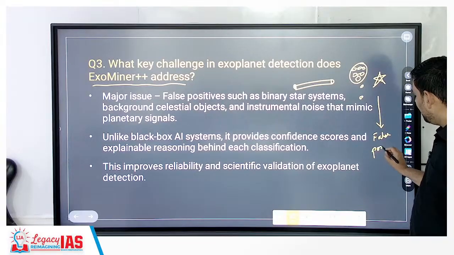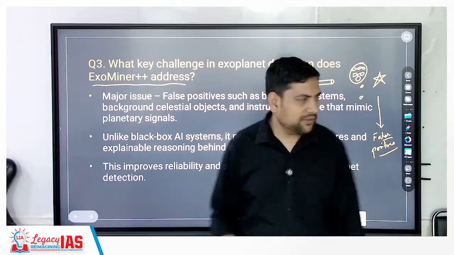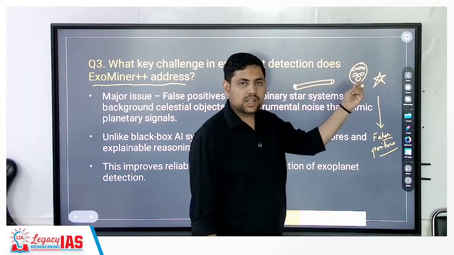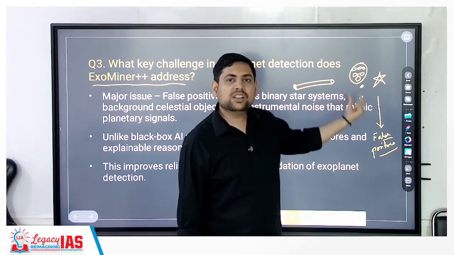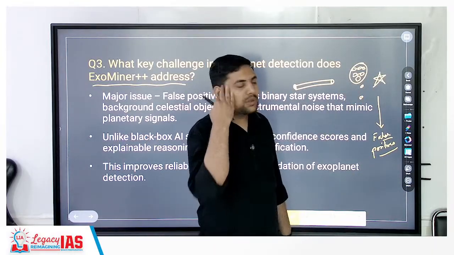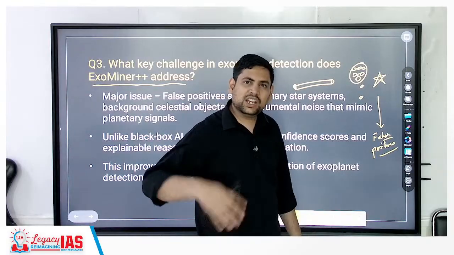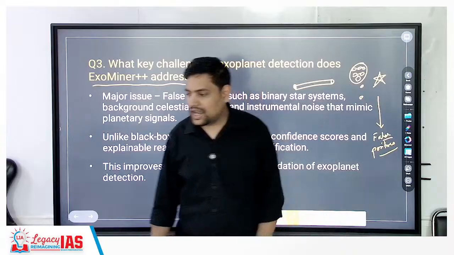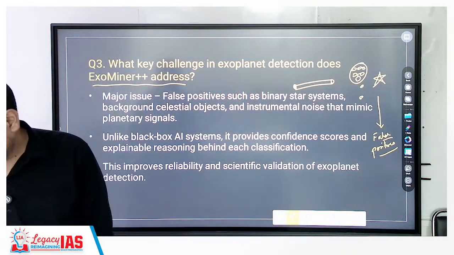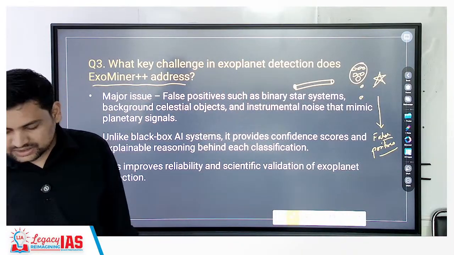So, it's not like it will miss any planet. Missing a planet is difficult. If a planet is in its vicinity, within its range, then it will definitely find the planet because there will be change in curvature of light. But the problem is of false positives. So anything and everything that goes by is observed by this satellite as one of the planets passing. Now this is a major issue.